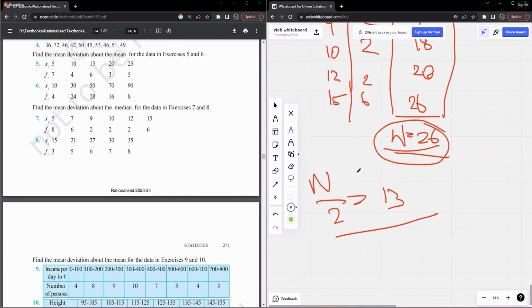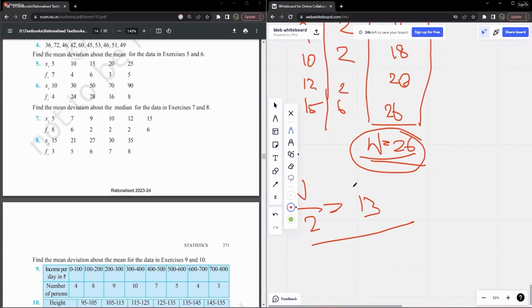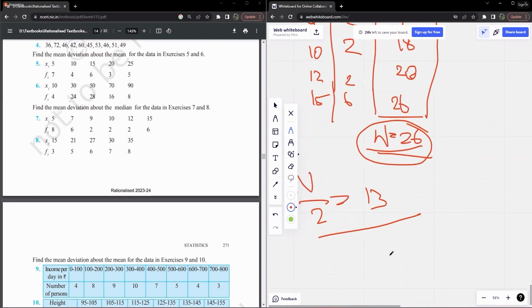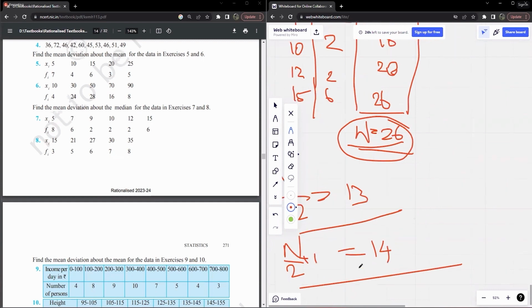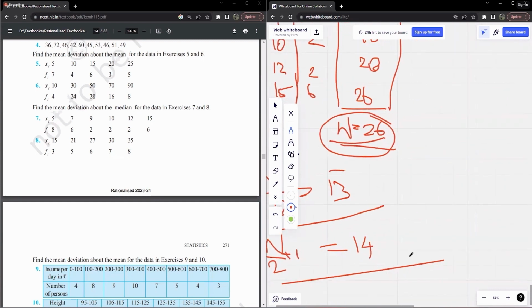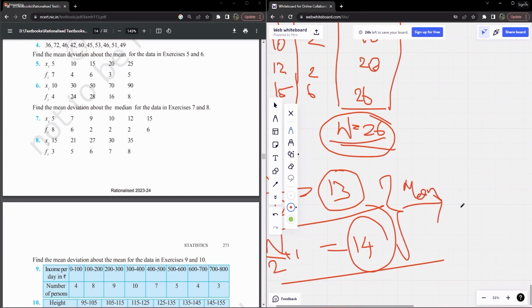Since this is an even number, your median is going to be the mean of this value and the n by 2 plus 1th value. So we have the 13th value, we have the 14th value, for which if you take the mean, you get the median.